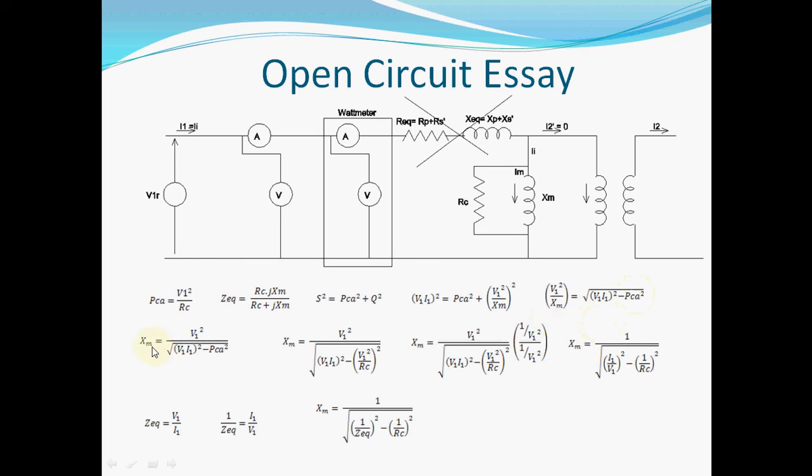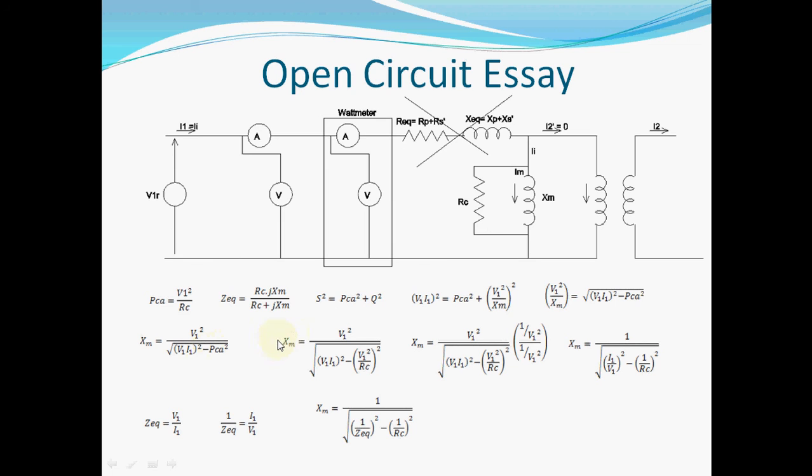So Xm is equal to the square of the voltage of the primary divided by the square root of the square of apparent power minus the square of active power.